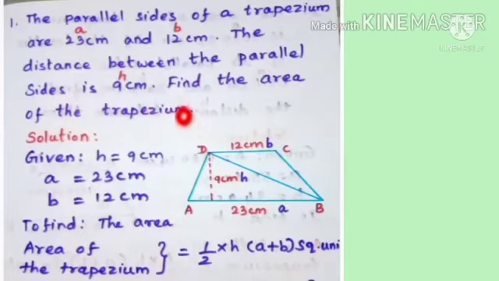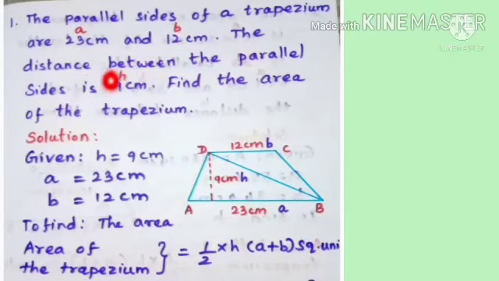So here it is clear that the parallel sides of the trapezium, that is AB and DC, are given, which are 23 centimeter and 12 centimeter. a is equal to 23 centimeter, b is equal to 12 centimeter.